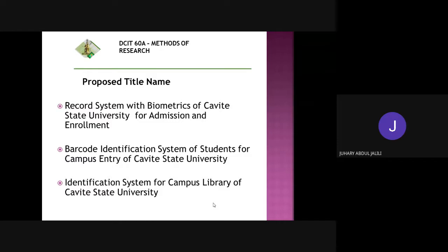Even though you are already an old student, you have to fill up something in order to get re-enrolled to the next year level. With this kind of system, you only fill up that information when you are a new student, a freshman who will be admitted to the campus.